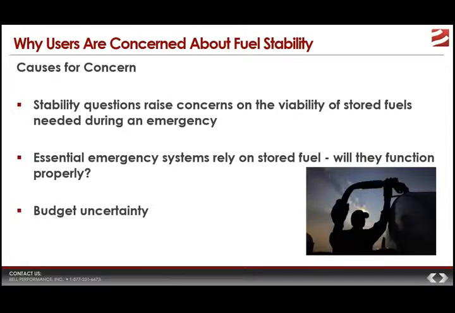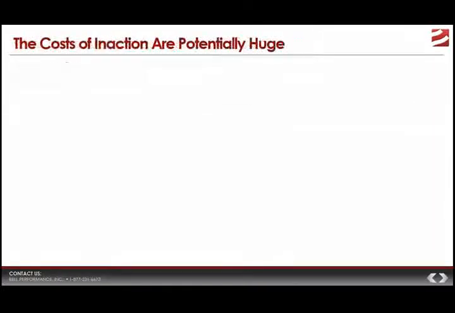Those problems can cost a lot, and this leads to budget uncertainty because the nature of fuel instability is such that most people don't know if it's going to happen to them, and so how can you budget? How can you account for the likelihood of something to happen? It's really difficult to do that, and so fuel stability contributes to budget uncertainty for these kinds of groups.